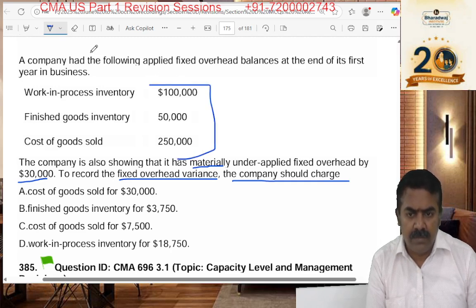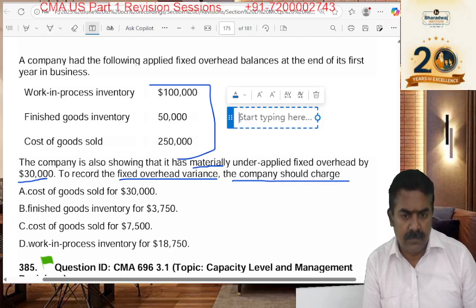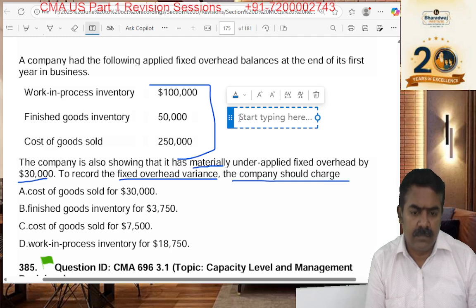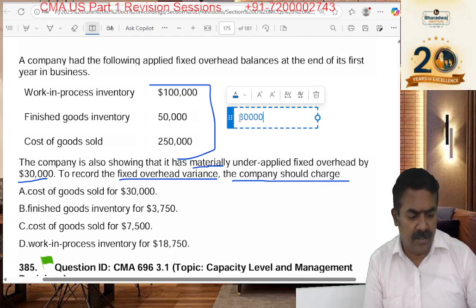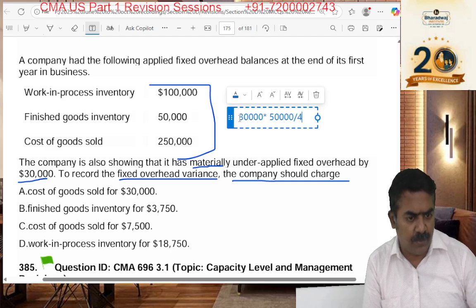What is the total inventory? 4 lakhs. So proportionately, 30,000 into finished goods inventory is 50,000 divided by 4 lakhs.